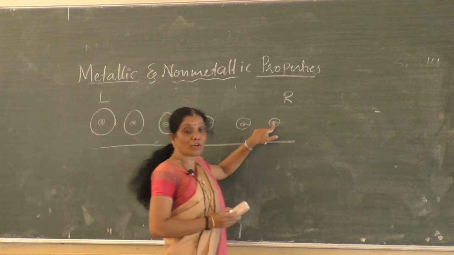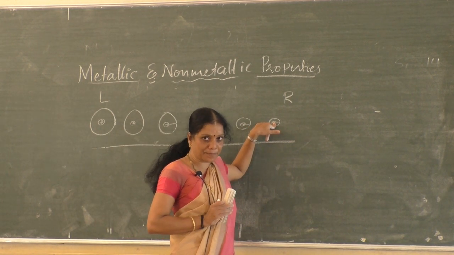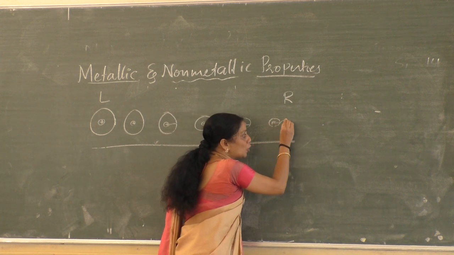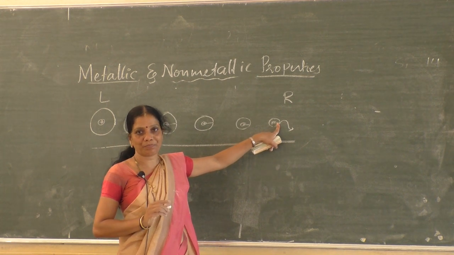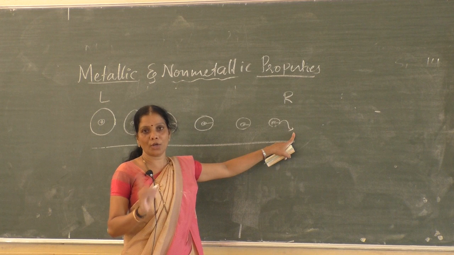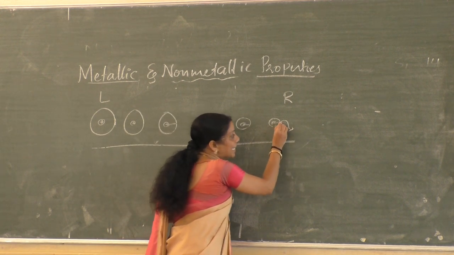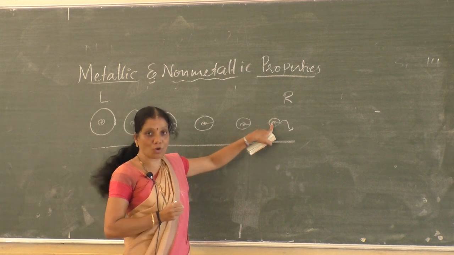As the attractive force by the positively charged particle increases, is it easy to remove the electron present in the outermost shell? Is it easy to donate the valence electron? No, because the valence electron is tightly held by the nucleus.